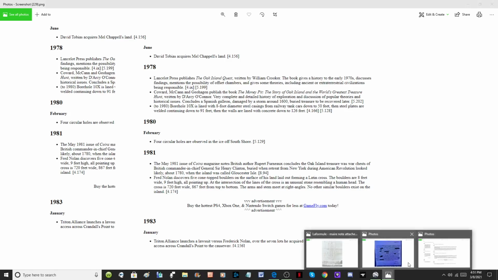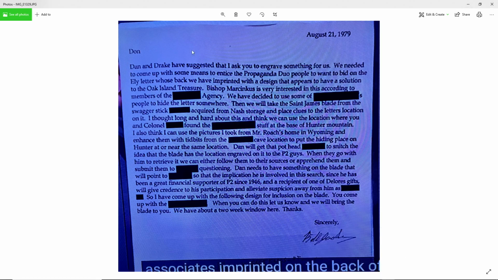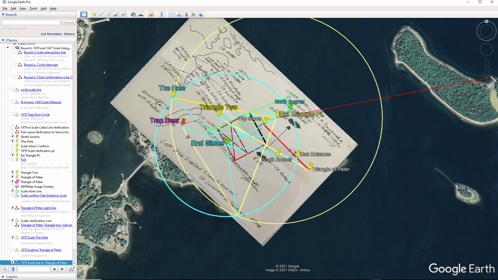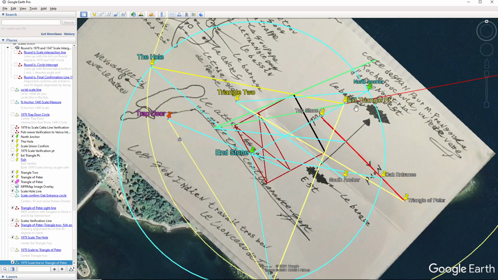So here we go. This is Don Roux saying that this design was imprinted before August of 1979. But here we go, and we look at this design, and whether this was the intended design, I don't see how it couldn't be the intended design.